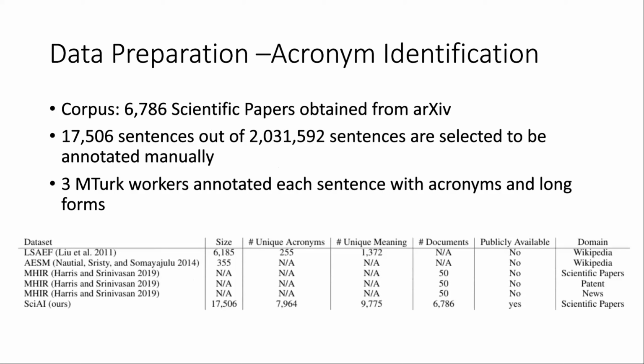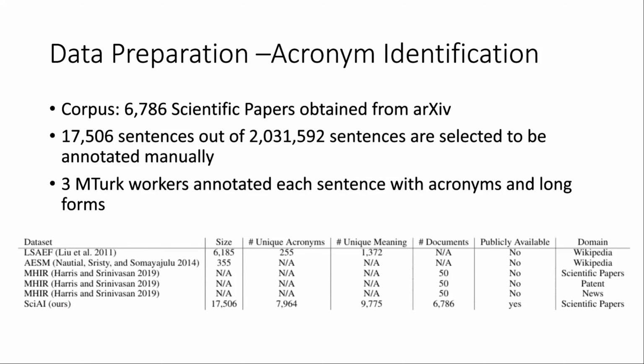Then we annotate this dataset using MTurk. Each sentence is annotated by three workers, and they annotate the sentence for the mentions of the acronym, the long form, and also the mapping between them. We call this dataset SciAI, and in comparison to the other existing datasets, this one is the largest, and also it is publicly available.